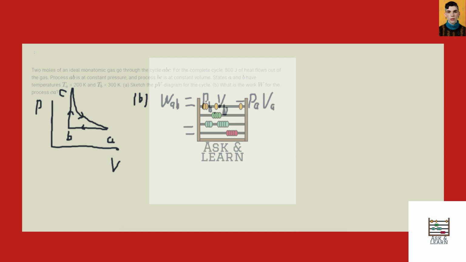And PB equal to PA. So basically just equal to PA times (VB minus VA), right?